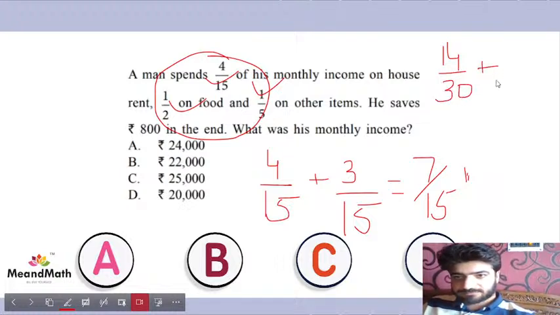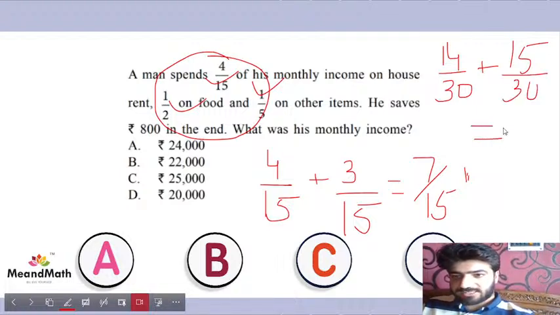Okay, it will be 14 by 30, and 1 by 2 will become what? 15 by 30, isn't it? So this will be equal to 29 by 30. So what remains there? 1 by 30 of the salary.